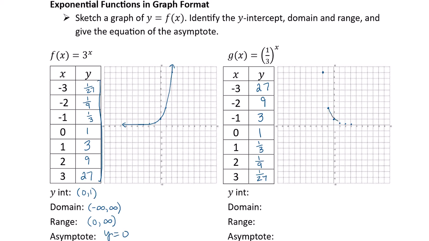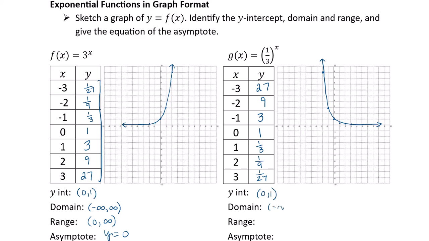So we're getting this kind of graph as we go to the right, and as we go to the left, going up to infinity. My y-intercept is still (0, 1).